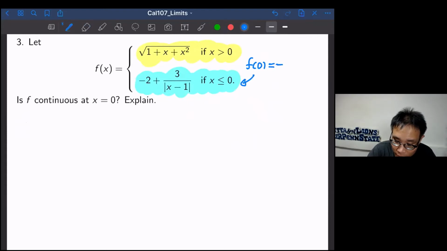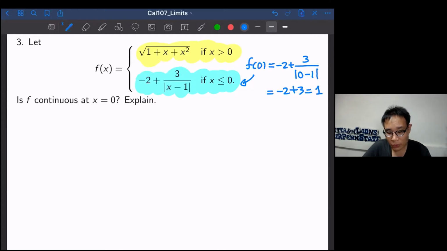So it's gonna be negative 2 plus 3 over |0| minus 1. Okay, so you get negative 2 plus 3 equal to 1. Okay, so you have f(0) equal to 1.